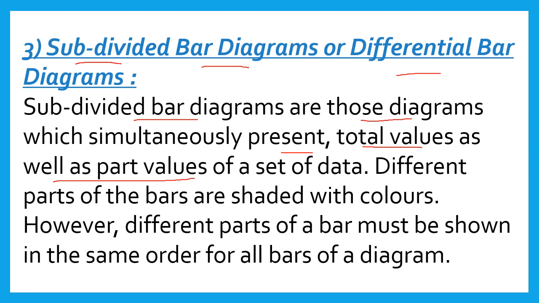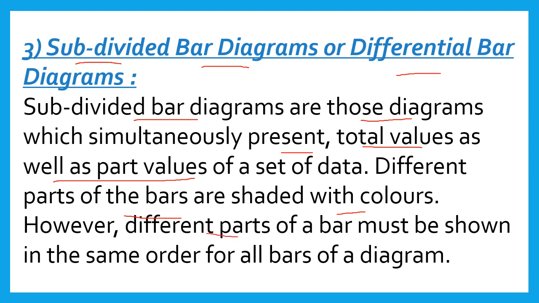Okay, so one bar will represent the total value of the family members in a family, and in that same bar we will divide that bar on the basis of males and females. Different parts of bars are shaded with colors. Okay, means the male part will be colored with a different color and the female part of the bar will be colored with a different color.